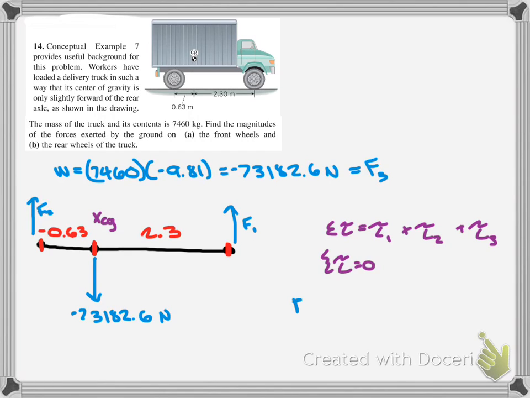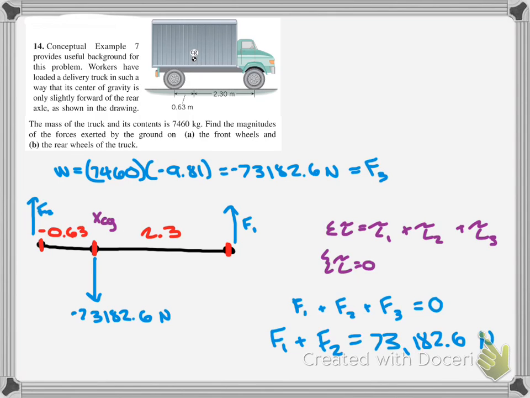Since it's in equilibrium, we can also say that F1 plus F2 plus F3 is equal to 0. Since F3 is equal to negative 73,182.6 newtons, you can say that F1 plus F2 is equal to 73,182.6 newtons. See, this is turning out to look very similar to the last problem that we did.